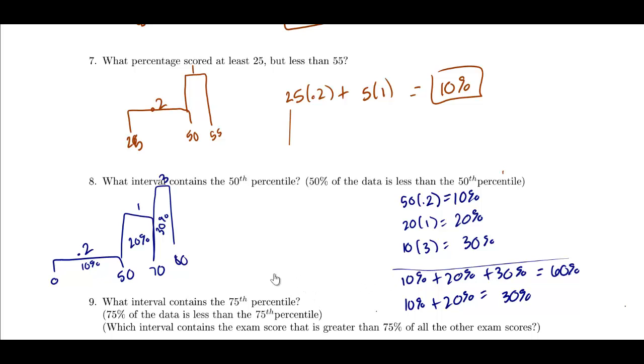So I know I need more than the first two rectangles, but if I add on the third rectangle, I've gotten too much because I'm trying to figure out where the 50% would be. So my 50% should be somewhere in between that 70 and 80. So my final answer is that it's between 70 and 80 points.